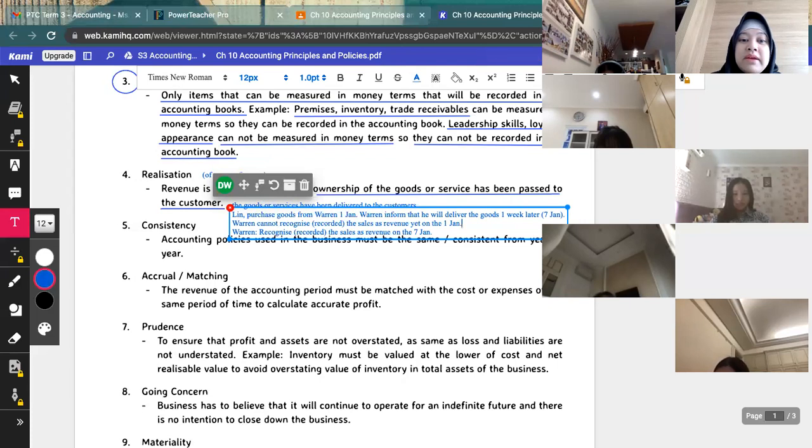But when Warren delivers the goods to Lynn on the 7th of January, then Warren will transfer the prepaid income. We receive the prepaid income and we recognize it as sales, stated on the 7th of January.